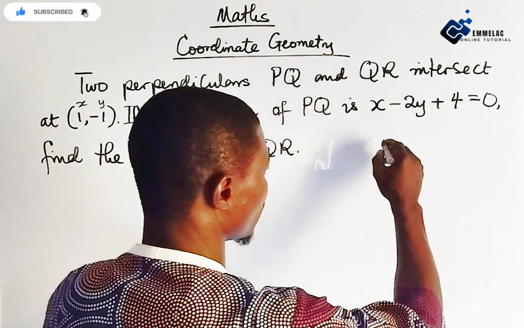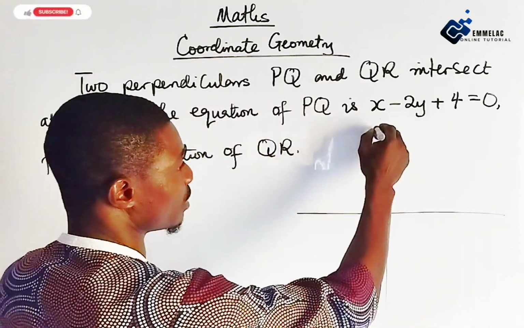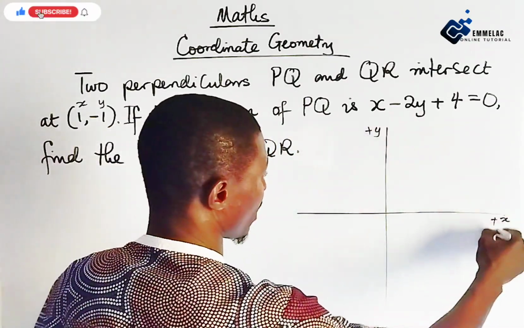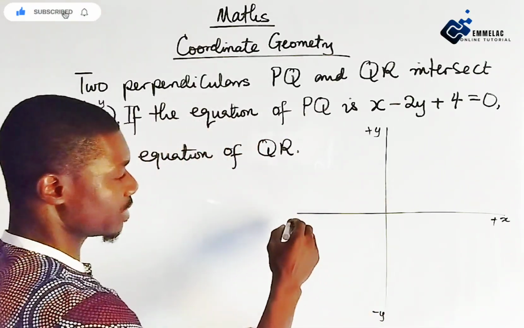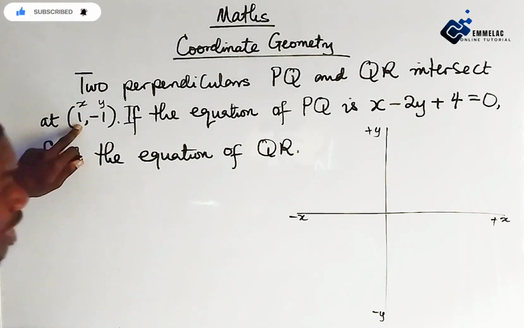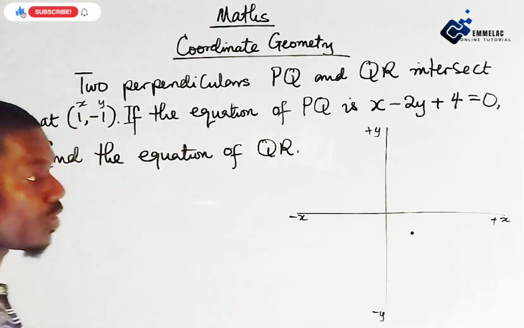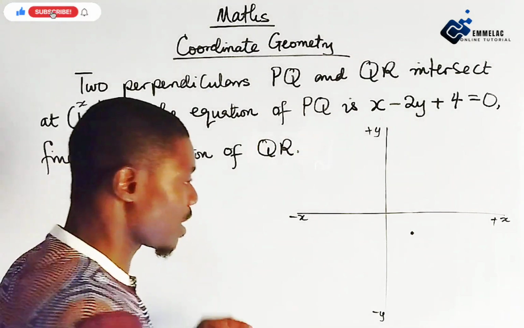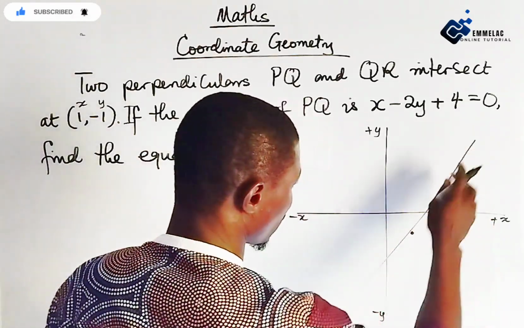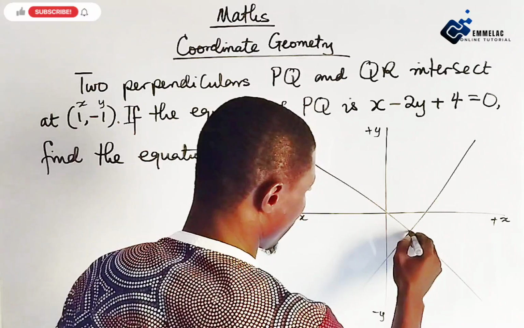So if we assume this is our Cartesian coordinate, this is your y and this is your x, this is the positive x, this is the negative y, and this is the negative x. Let us assume this line this way, then this line this way, since they are perpendicular.